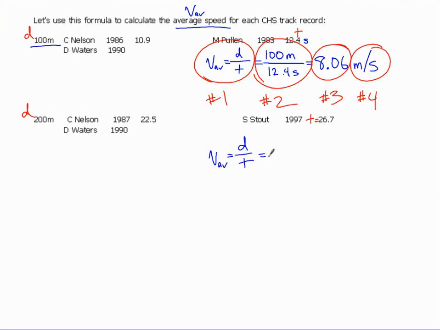Equals, plugging in my numbers, I found D is 200 meters, and T is 26.7 seconds. We'll put this into our calculators, and what we find is 7.49 with units. Units need to be in the answer. It is not enough that they are here. It needs to be in the answer. 7.49 meters per second.